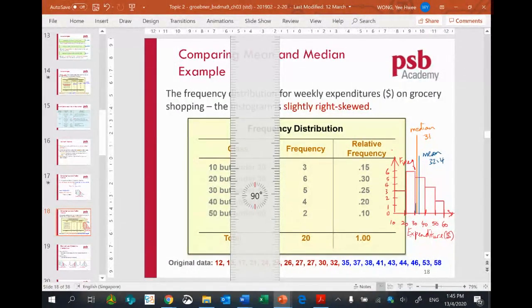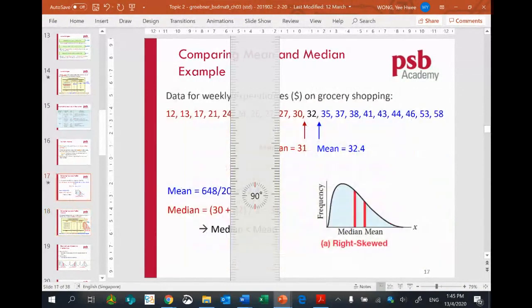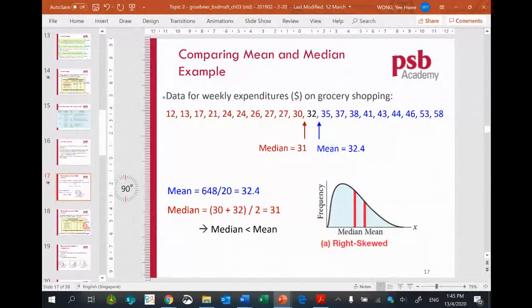You see that the mean is bigger than the median. It's illustrated here. The mean is on the right hand side, which is a bigger number on the x-axis compared to the median. So if you have such a thing happening, then you expect a graph which has a longer side on the right hand side.